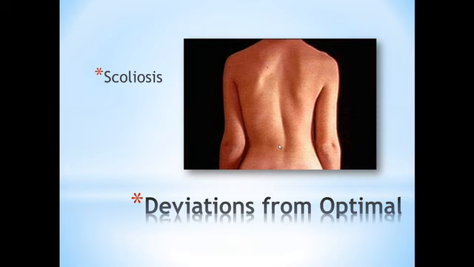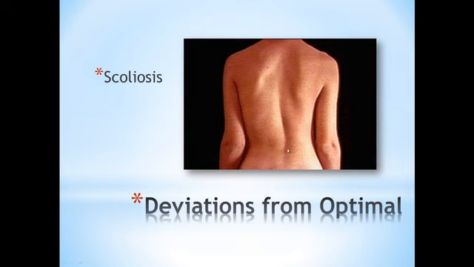Typically the curves in a scoliosis dysfunction are named according to the direction of the convexity and their locations. So I'm looking at a lumbar scoliosis in this picture with a right convexity.